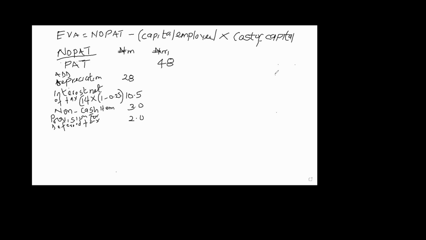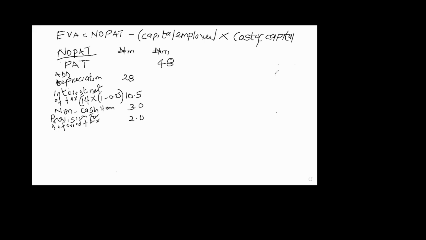Look at note number 1. Examiner says operating profits include the following. Please focus on 2020. Depreciation 28 million. That means we have deducted depreciation of 28 million in the profit of 2020.